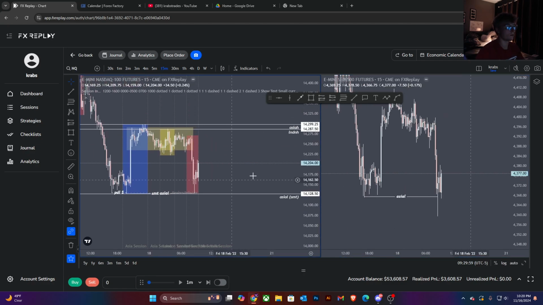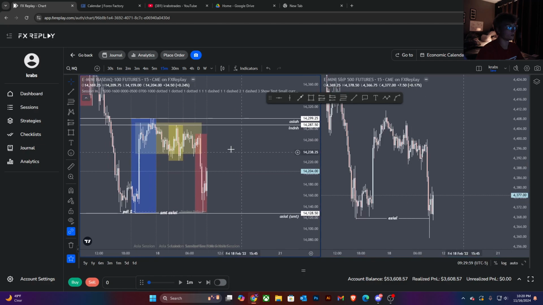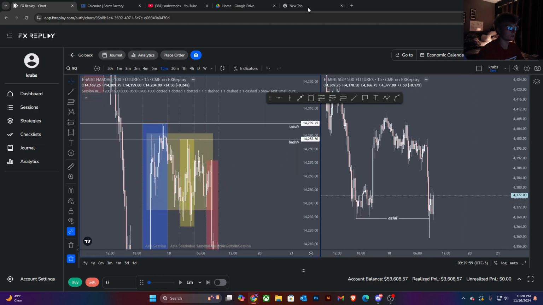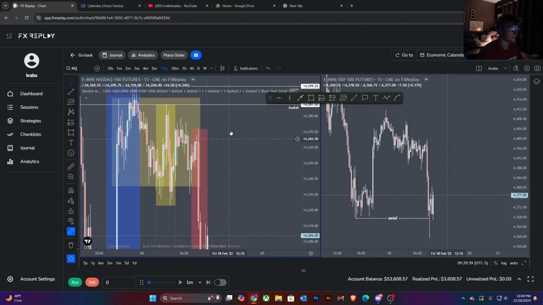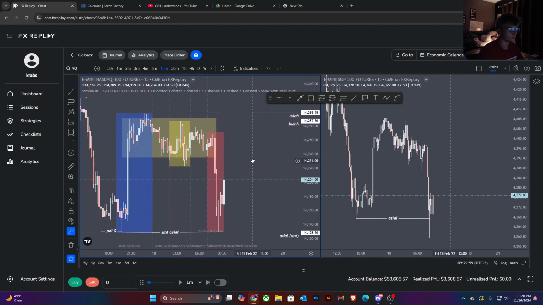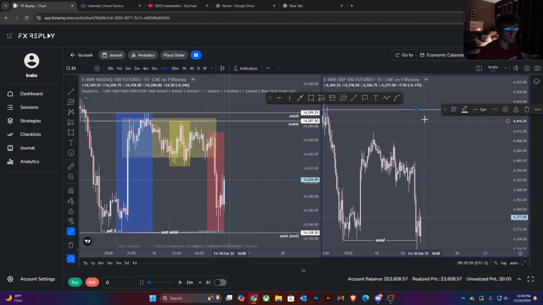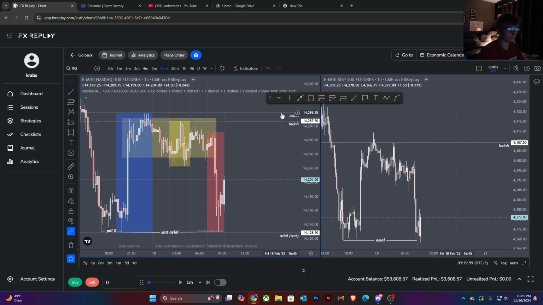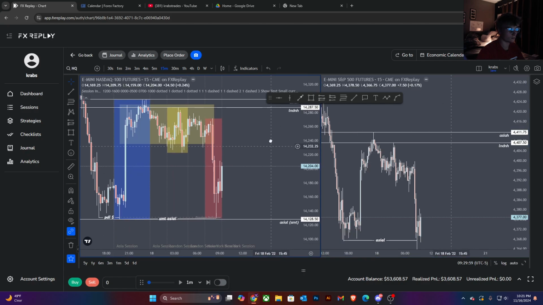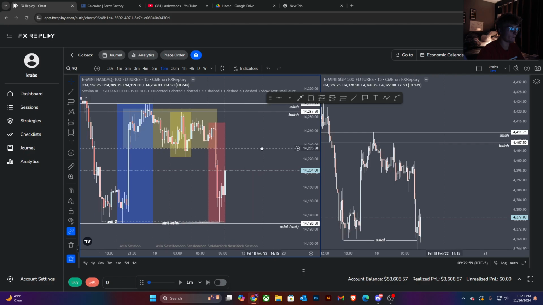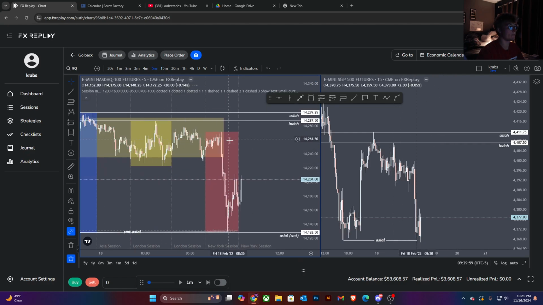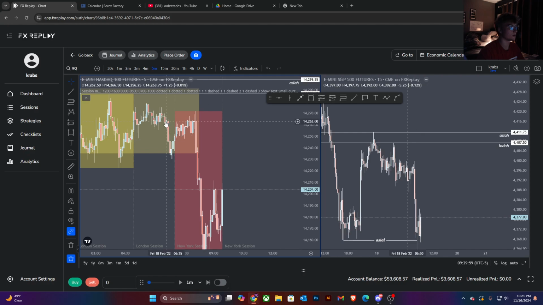Asia low. Still got accumulation here. Low resistance liquidity. Mark this up on ES as well. This isn't really a breaker here. Maybe on the lower time frame.